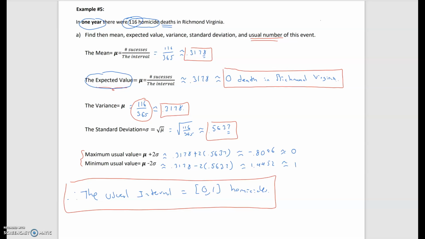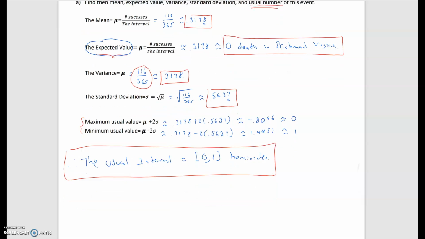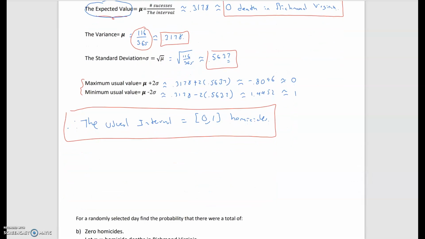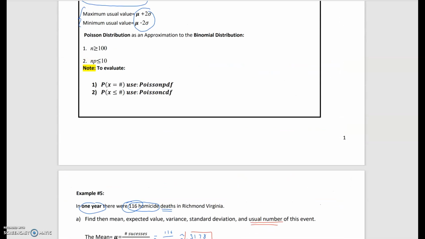The second portion of the problem, part B, is going to want us to do evaluations. The first one is to find the probability that we see 0 homicides. We're going to be carrying out 2 types of evaluations. If they mention a specific value, it'll be the Poisson PDF. If they mention a less than or equal, or a greater than, we would have to adjust it to the CDF.